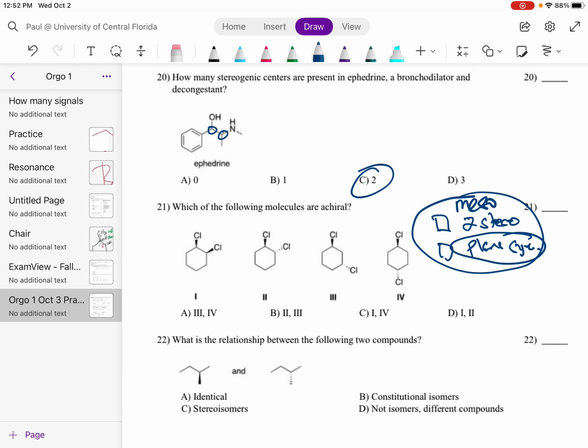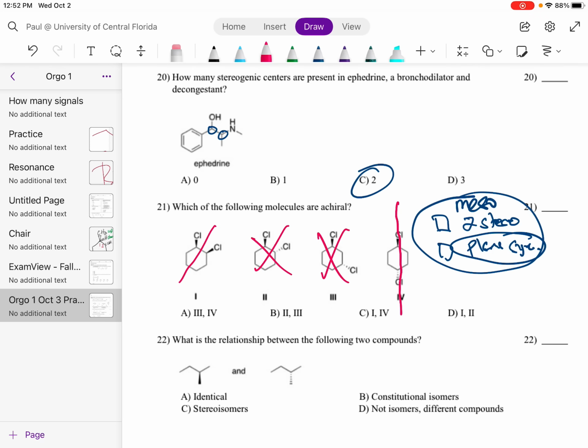Okay. But this problem is asking which molecule is achiral. So the easiest way to do that is just find a plane of symmetry. If there's a plane of symmetry, it's achiral. There's no plane of symmetry for that guy. Let's see. There's no plane of symmetry for that guy. But there is a plane of symmetry that cuts that guy right down the middle.